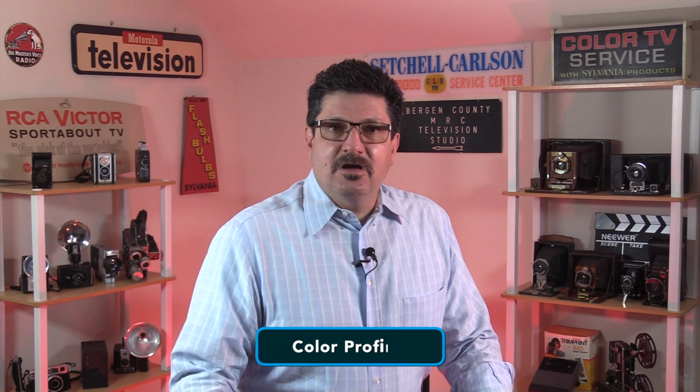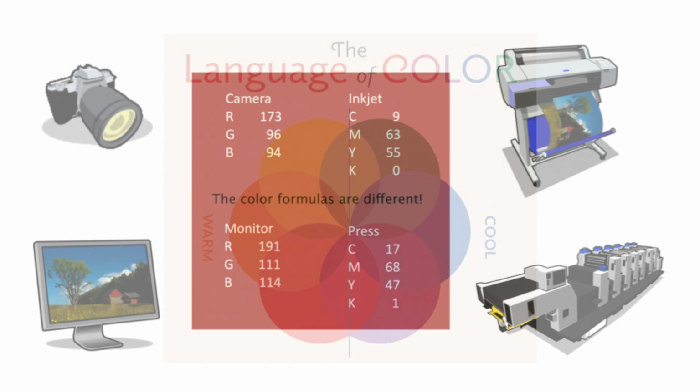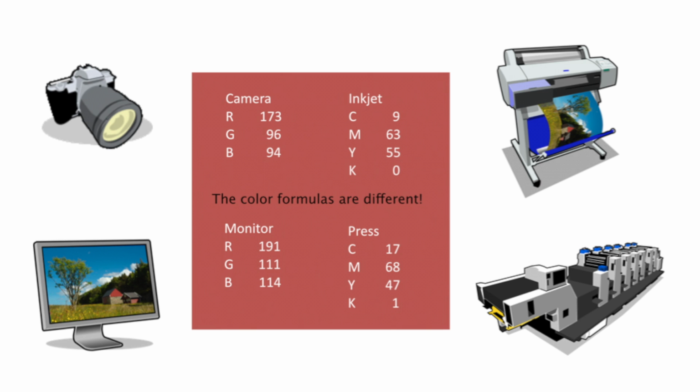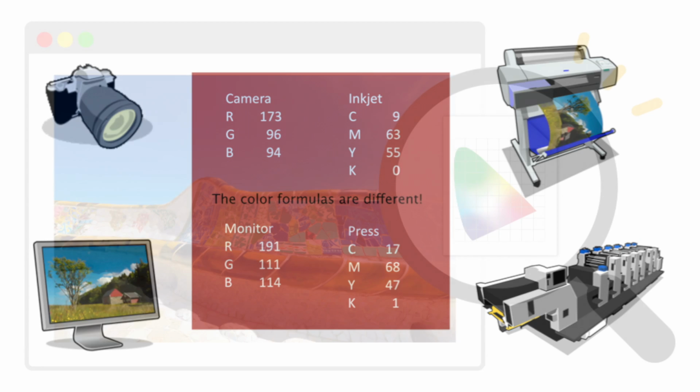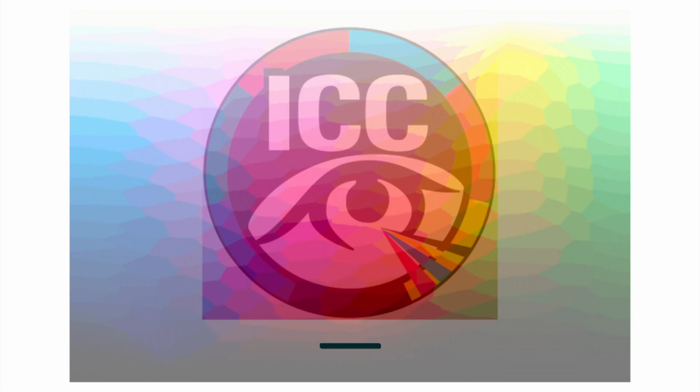Let's talk a little about color profiles. As I mentioned earlier, not all devices speak the same color language, and there are slight variations in the way each device reads, interprets, and outputs colors. To ensure that colors are being read from each of the devices in your color management workflow accurately, color profiles can be used to better align color information.